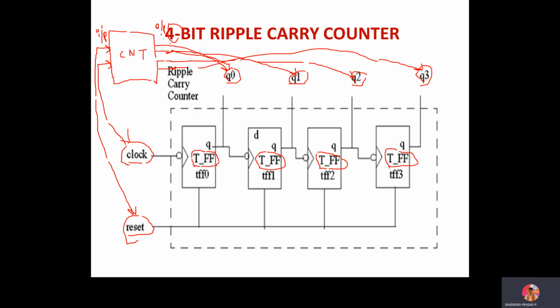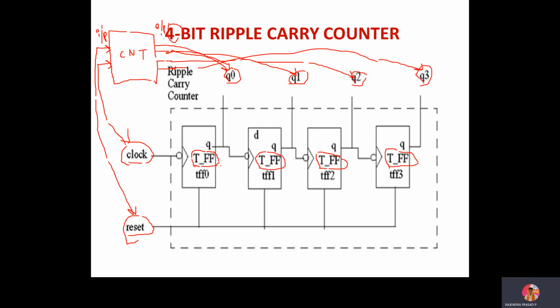As of now, I've just given information about the black box: what is my input and what is my output, and there is some relation between input and output. When I process some input, only then am I going to get some output. That processing I'm going to do with the help of a T flip-flop. T flip-flop is a toggle flip-flop.